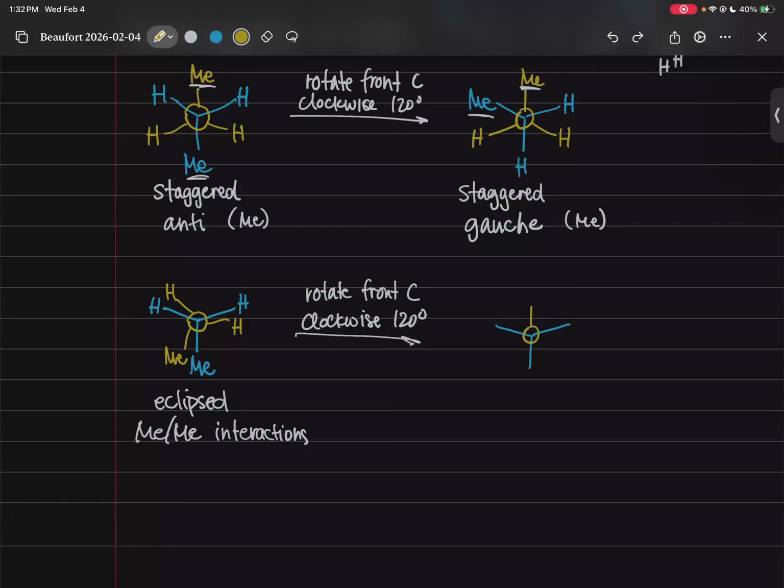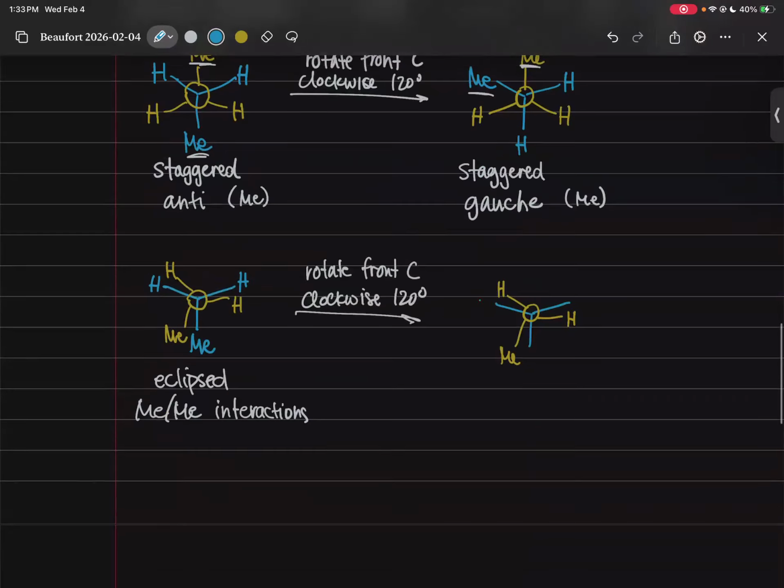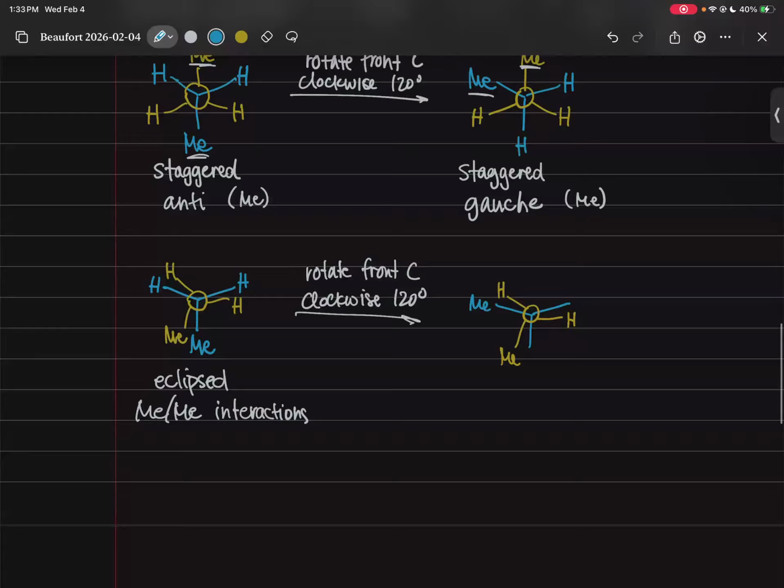No, look at me, I drew staggered again. Okay, so the back carbon here will stay the same. Hydrogen here, methyl here. But now the front carbon has been rotated clockwise 120 degrees. So the methyl is now over here. And the other two are hydrogens.